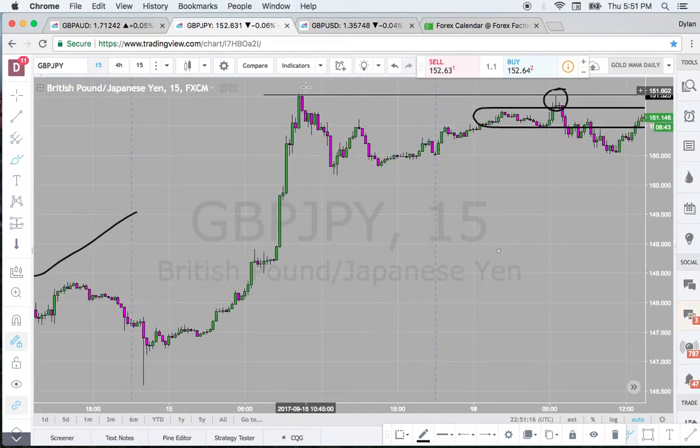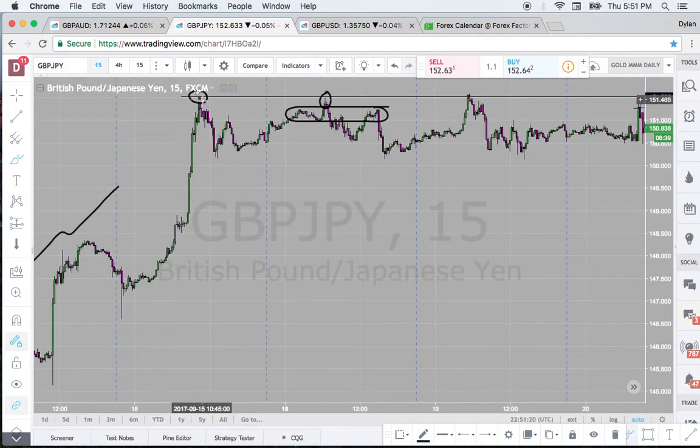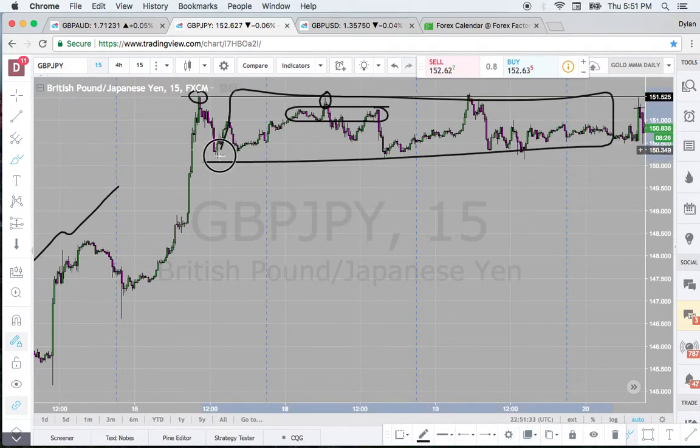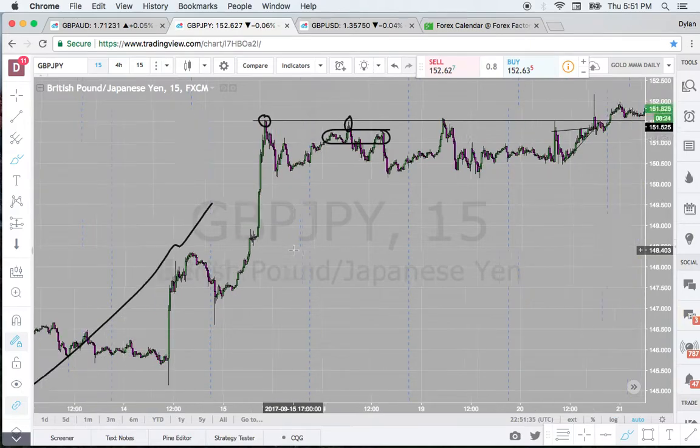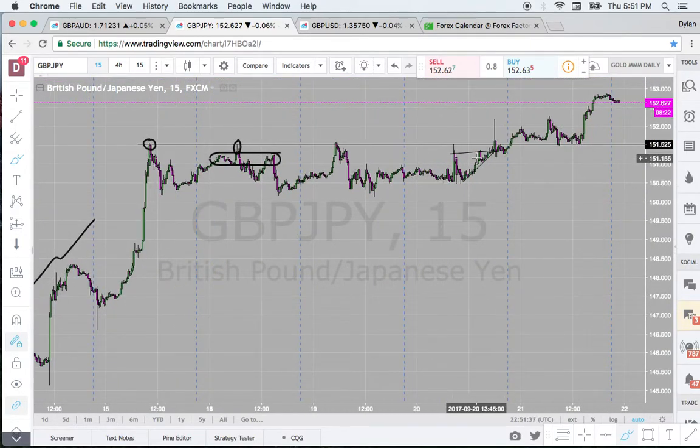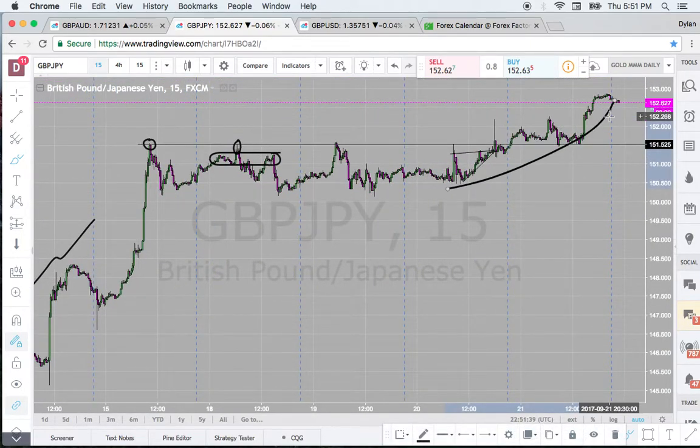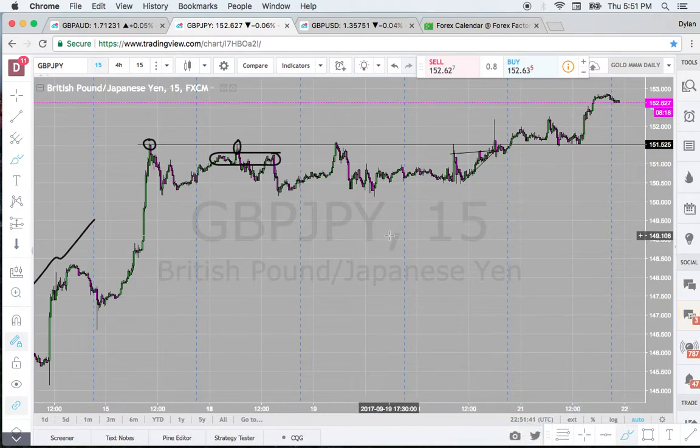This was the ceiling, and you can see that. The ceiling was created the same day that they shot up 500 pips. They're not going to go past this until they accumulate more money, more liquidity, and then they can move up. Does that make sense?